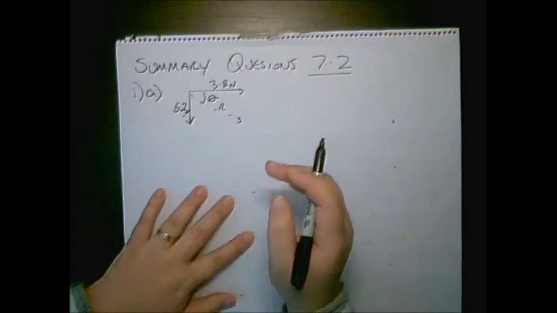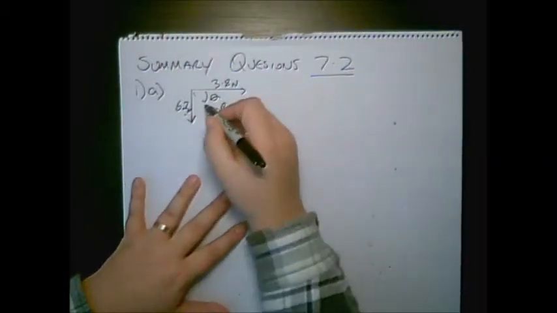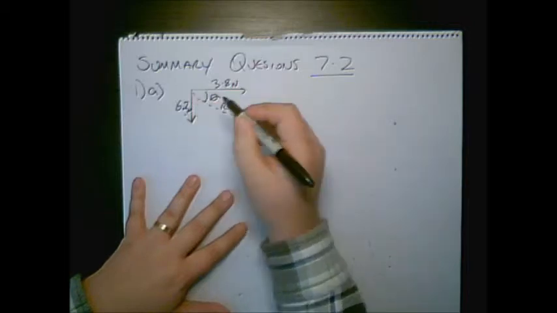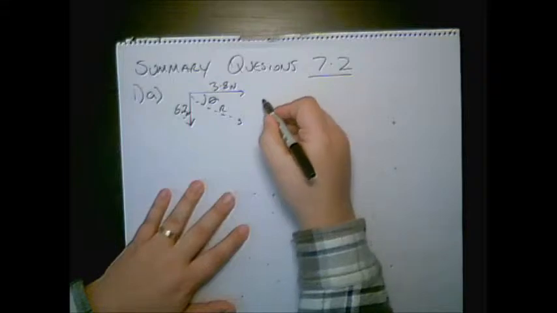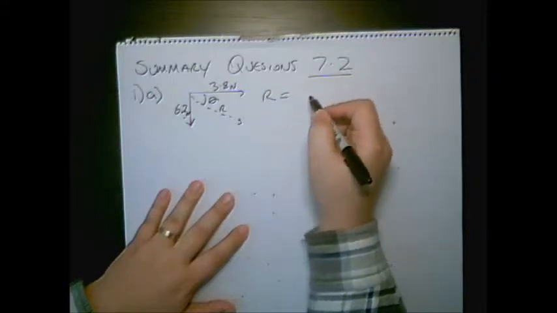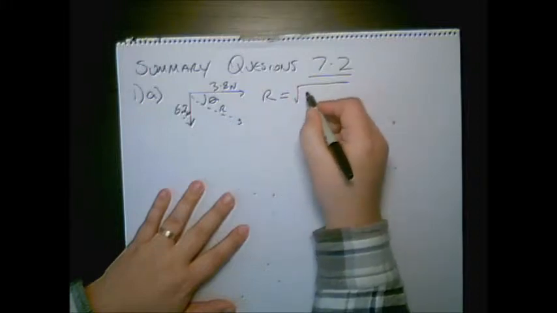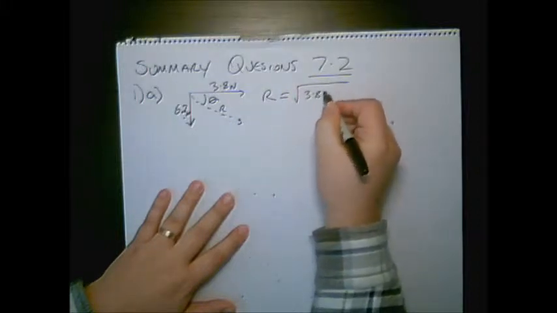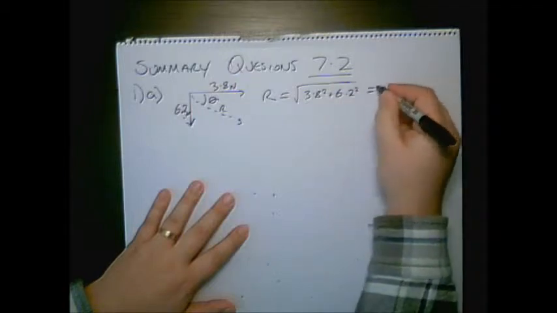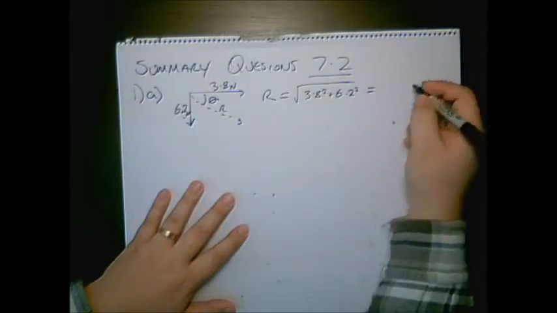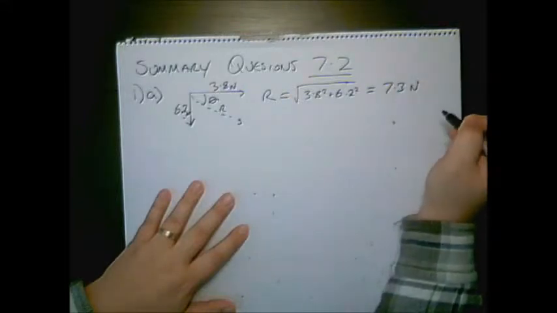Now we can use the same geometry we used for part 7.1 to say that using Pythagoras theorem, R is going to be equal to the square root of 3.8 squared plus 6.2 squared. And when we put the numbers into the calculator, we get 7.3 newtons, which sounds about right.